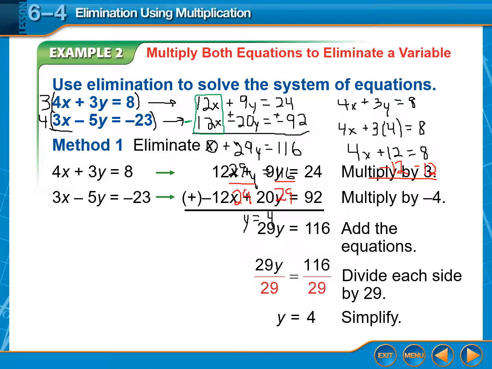On the left-hand side we have 4x, and 8 minus 12 is negative 4. Solve for x by dividing both sides by 4, which gives me a value of x of negative 1. So my solution for that system is that x is negative 1 and y is positive 4.